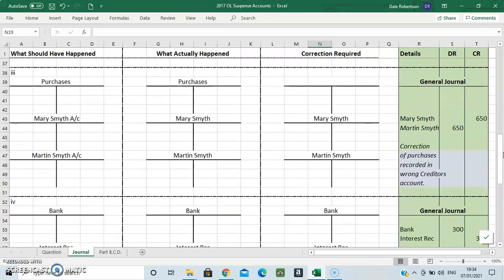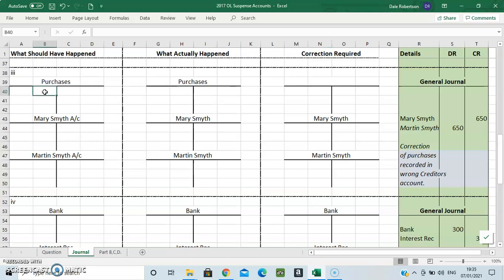Number 3, we've seen this in the 2015 question as well. It says goods purchased from Mary Smith had been entered in Martin Smith's account. So it's a creditor, but we've just got the name wrong because they were similar names. So goods purchased for €650.